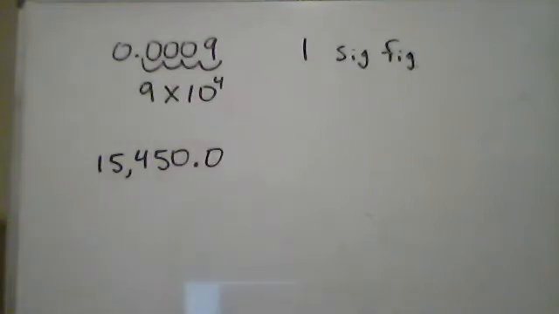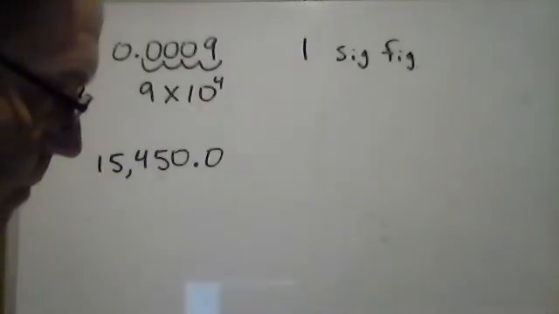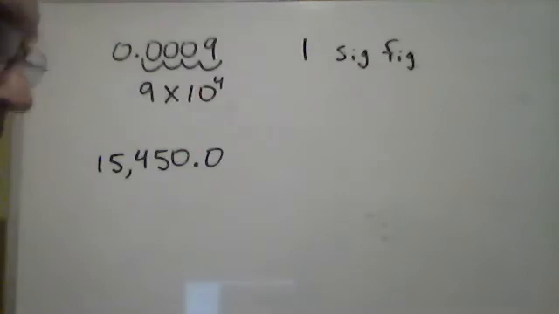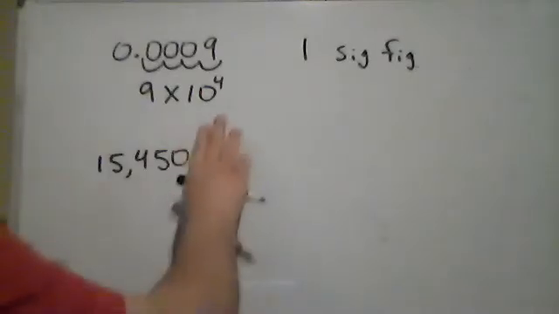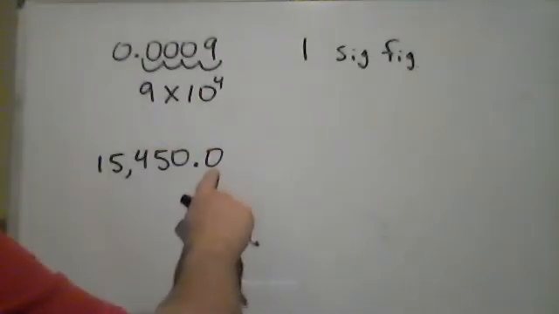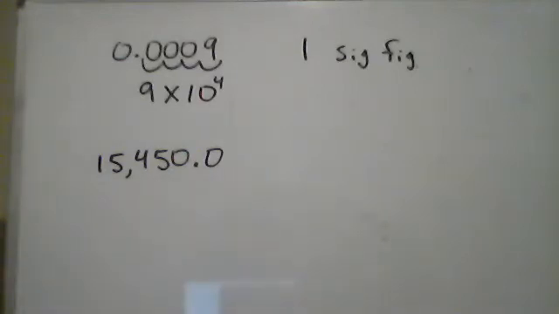Let me ask you this: 15,450.0. How many sig figs there? Someone said 5. Actually, it's 6. It would be 5 if I didn't put the 0. But this 0 after the decimal means I'm arguing that that 0 should be there.